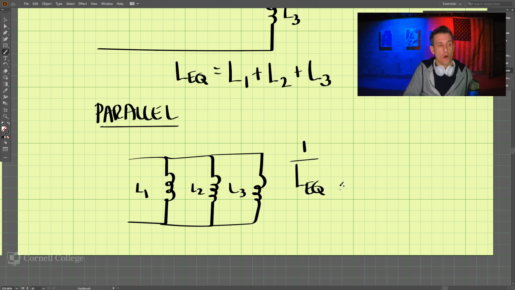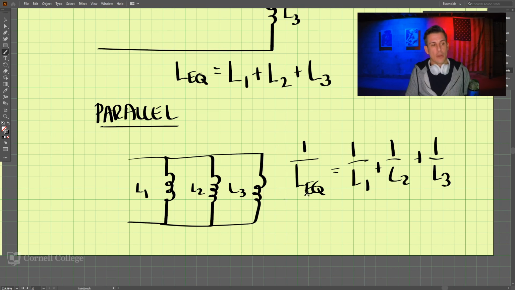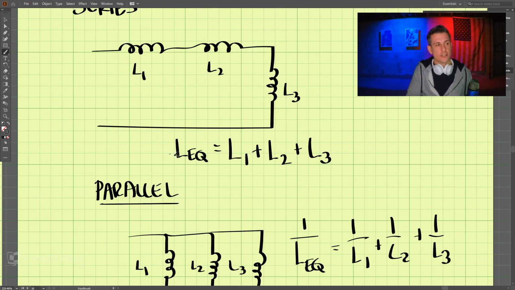So we have 1 over the equivalent inductance equals 1 over L1 plus 1 over L2 plus 1 over L3. So we will use this to solve for the equivalent inductance.